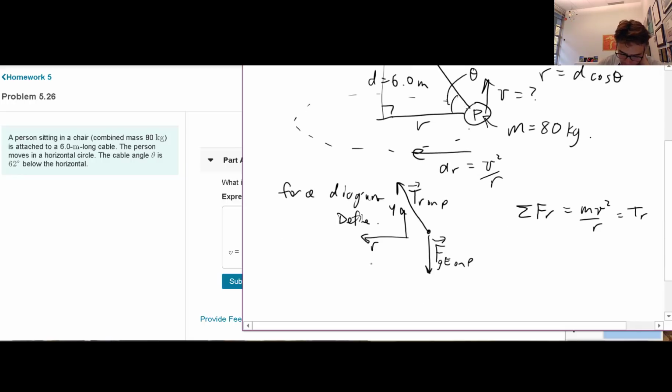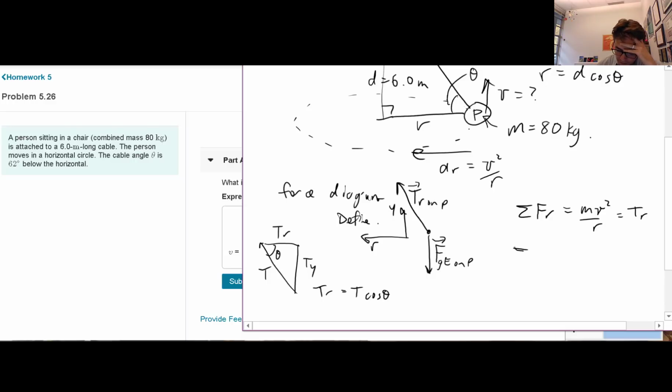So once again, if this is T_r and this is T_y, this is going to be theta up here, that bigger angle, I think, and this is going to be T. So T_r is equal to T times cosine theta. The problem is we don't know the tension.